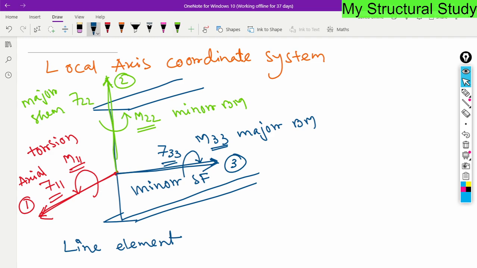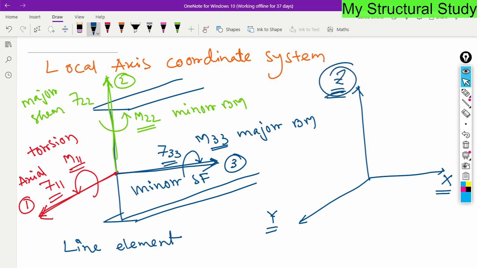There is another type of axis system in ETABS that we can call the global axis coordinate system. In the global axis coordinate system, this is X, this is Y axis, and this is the Z axis.